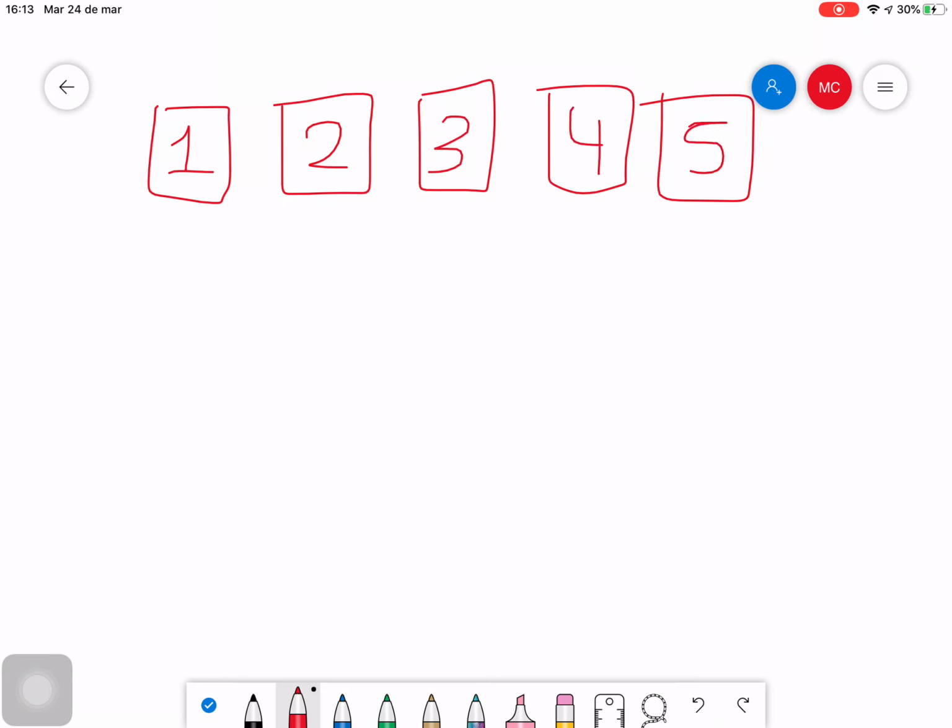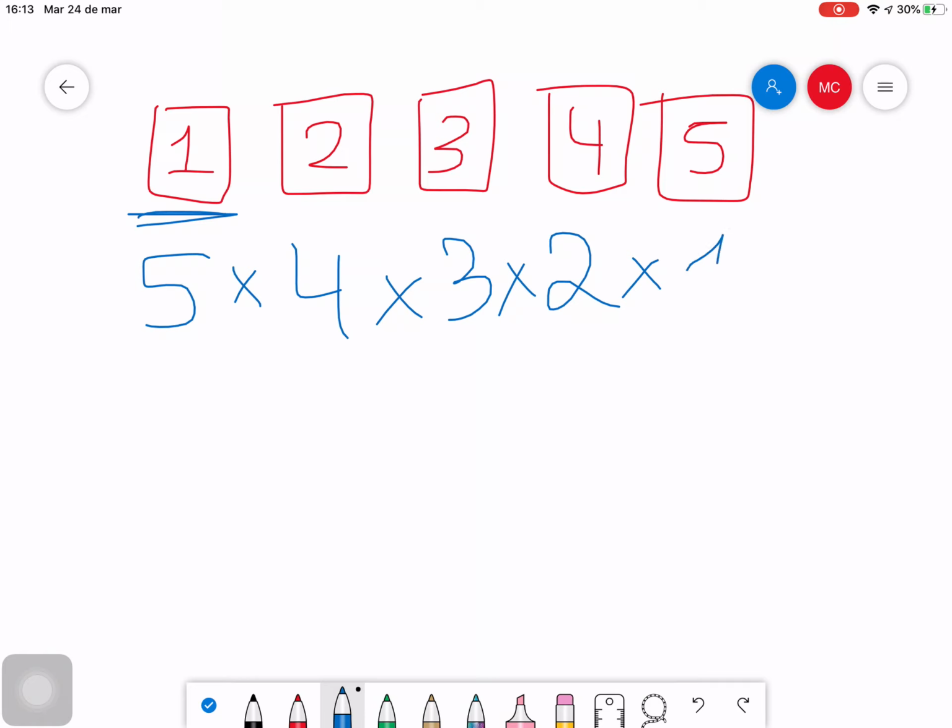So I have 5 paintings. If I want to put the first one, among how many paintings can I choose? 5, right? O sea, entre cuántas, si quiero poner la primerita en la pared, voy a poner la primerita. Entre cuántas pinturas puedo elegir, I can choose among 5. But if I have already put one there, among how many can I choose to put the second one? 4, and then 3, and then 2, and then 1.